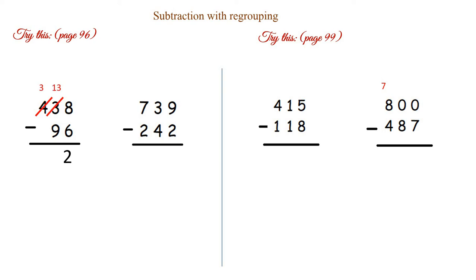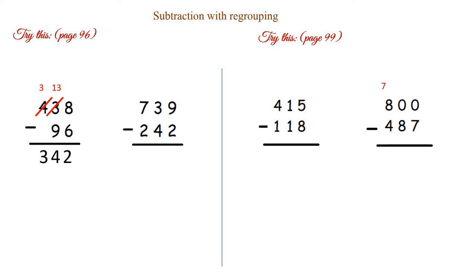So it's going to be 130, which is 13 tens, sorry. And if you take 90 out of 13 tens, you will have 40, and 300 will be the same. So 342, please write it down in your textbook, page 96, on try this.